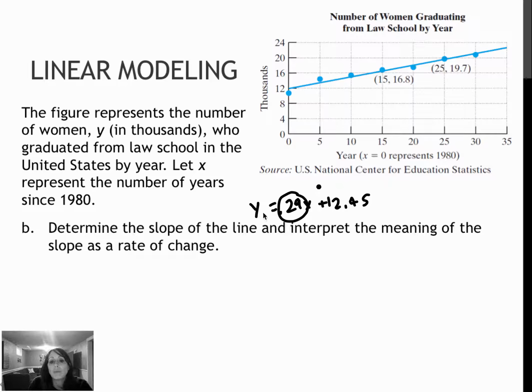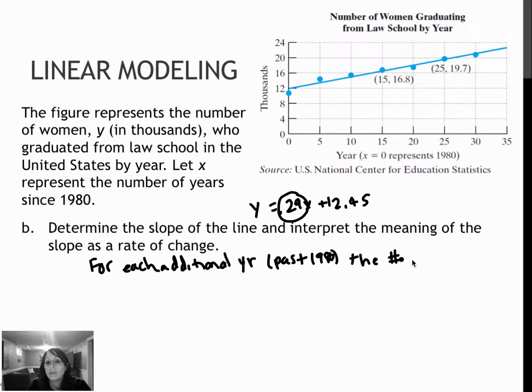So my slope would be for each additional year, and I could say past 1980 if I wanted, the number of women graduating from law school, I'm going to shorthand this a little bit, is 0.29, and that number is in thousands.